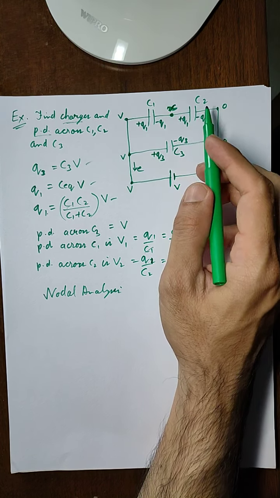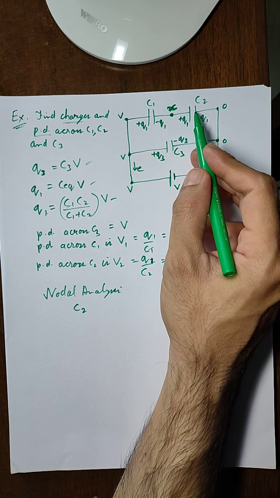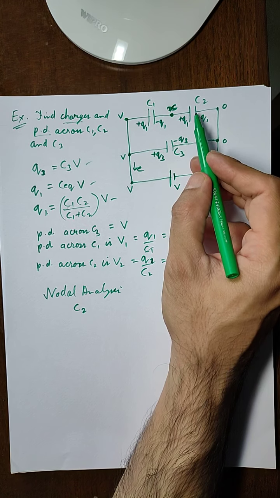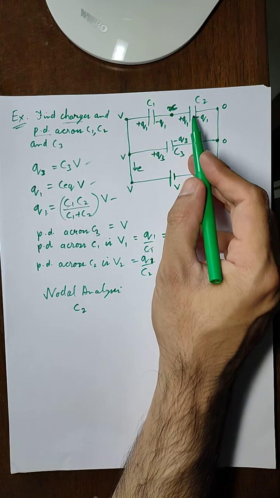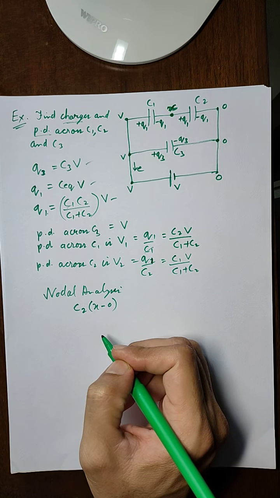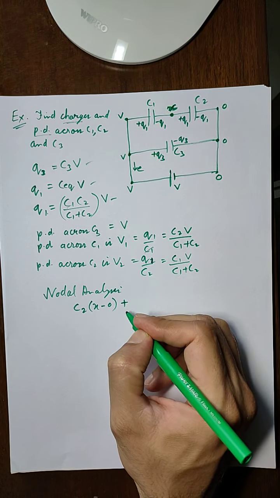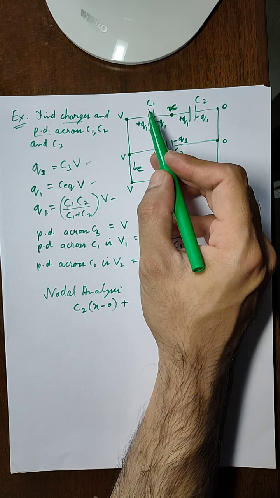that the charge across C2 will be given by Q equals CV. So C here is C2 and V on this capacitor will be equal to X minus 0, plus the total charge on this, again by using Q equals CV.